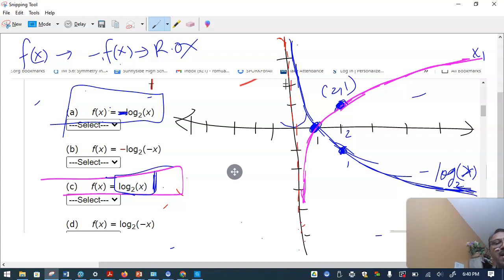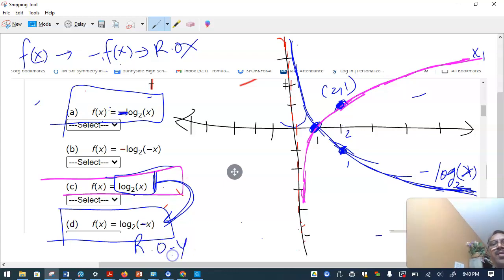Then let's understand another one, an easy one. Let's do this two. Here there's an x that changes. What change do you see? The input is done the opposite. So when the input is done the opposite, it means it is the reflection over the y-axis. If this is the point here, this point will go 2 is 1, so this becomes minus 2 and 1. This point will go this side, and this point will go this side.